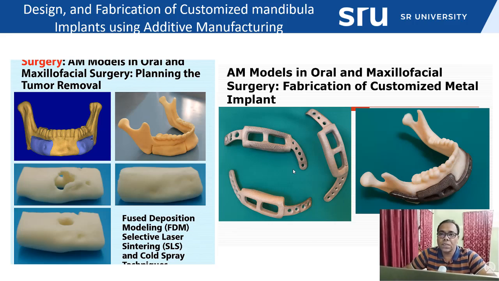As we know, a lot of pressure is applied while chewing, so at that time it should have proper strength. For that, customized metallic implants are made, and they can be used for maxillofacial surgery.